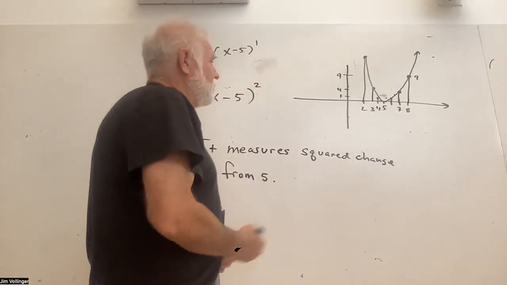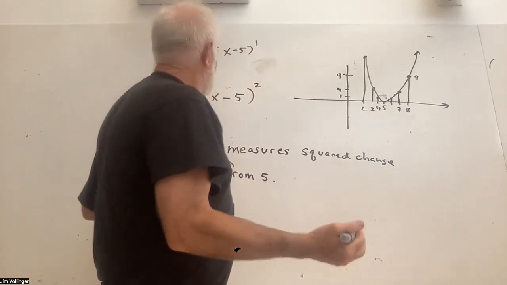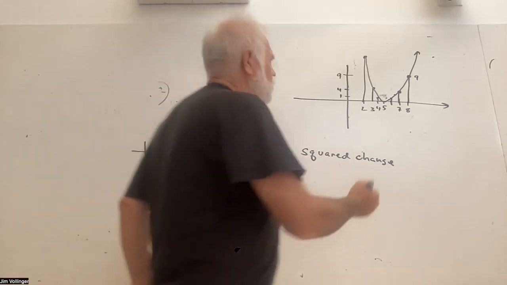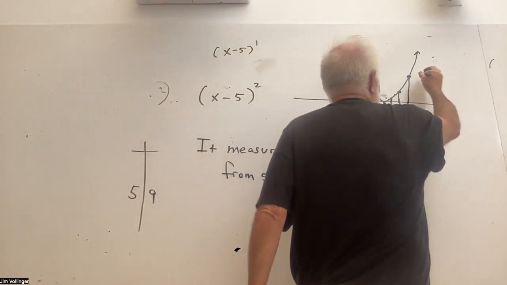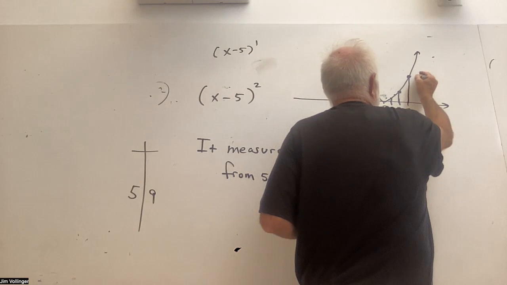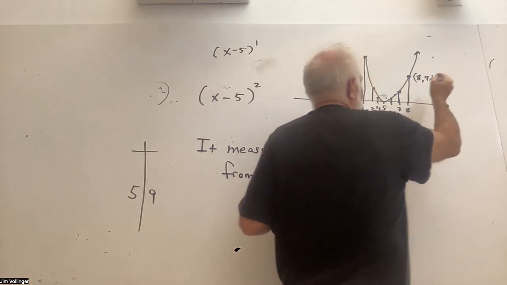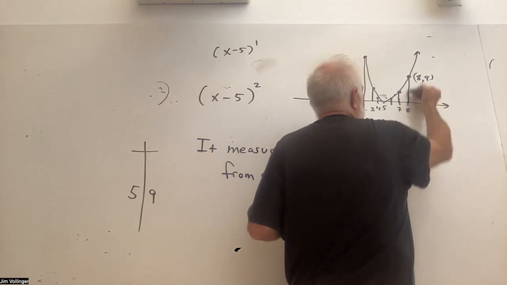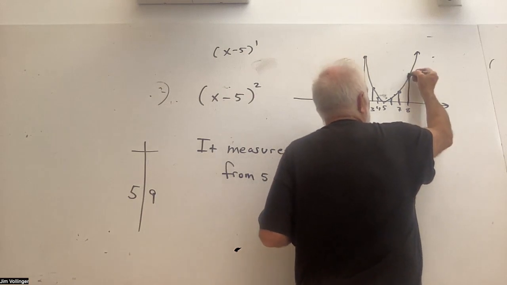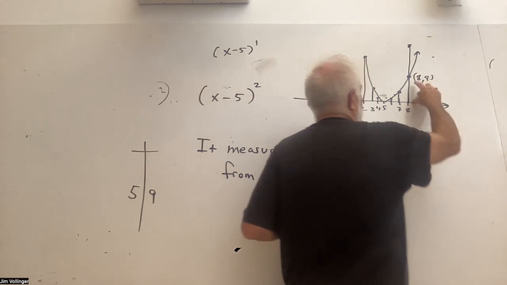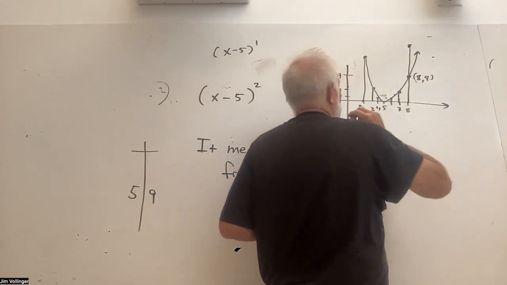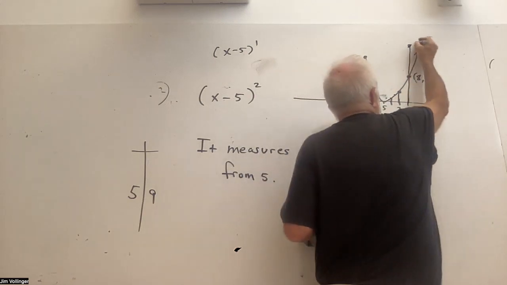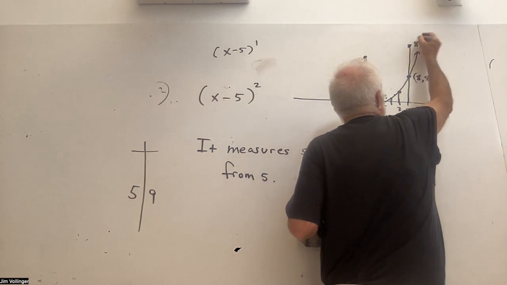Yeah, all right. But what happens if I didn't want to go through 8, 9? Well, maybe I want to double this. So maybe I want to double that. That looks like it's doubled. Then I'm not going up 9. I'm going up 18.